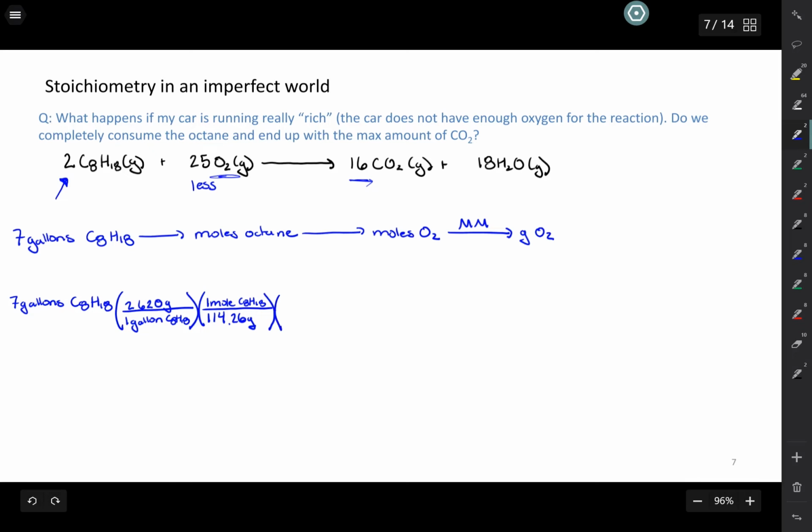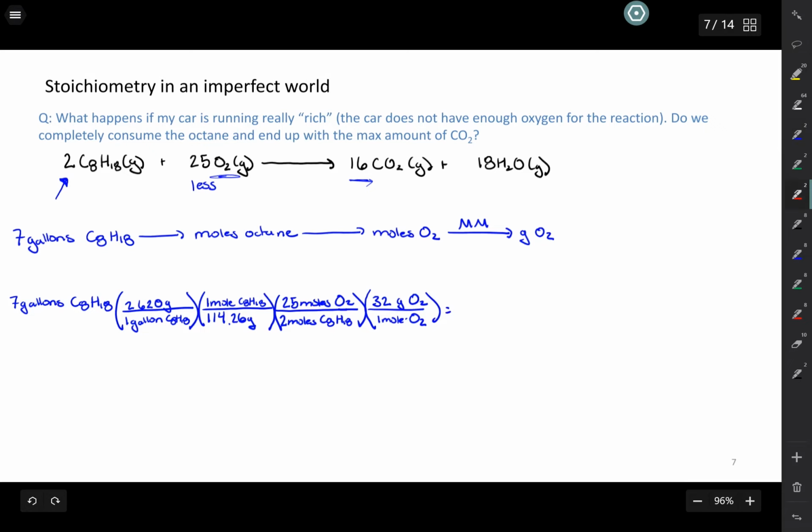And then we want our molar ratio here. We know that for 2 moles of octane, we need 25 moles of O2. And then to convert that to grams, 1 mole of O2 is 32 grams of O2.